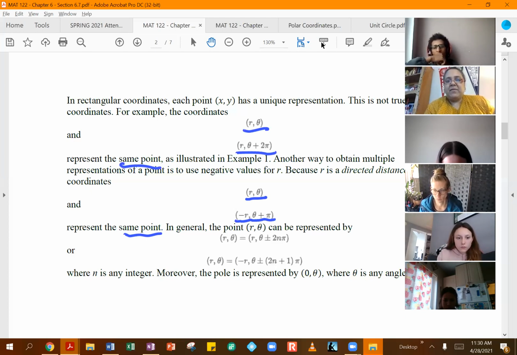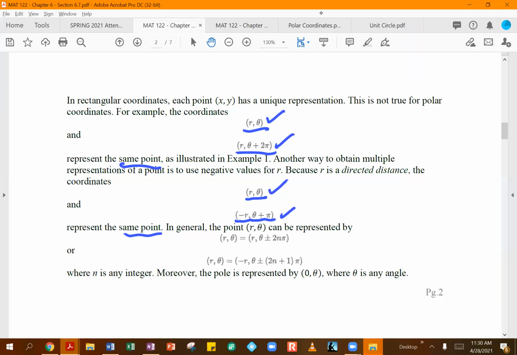Look at how for the same ordered pair, R and theta, you can do R, theta plus 2 pi. For that same point, we can do negative R, theta plus pi, and it's going to land at the same point over here. So this one is just a general version of this example here, and the second one is the general example of this one.